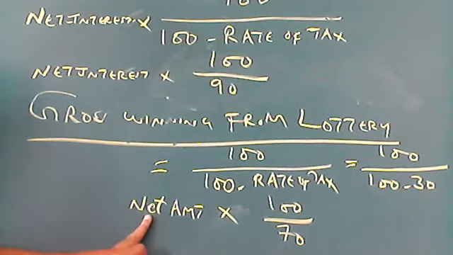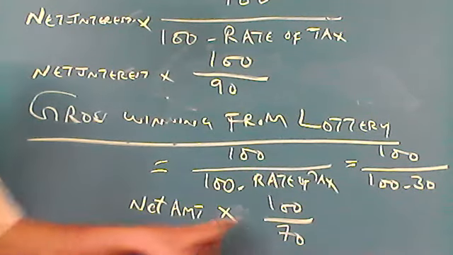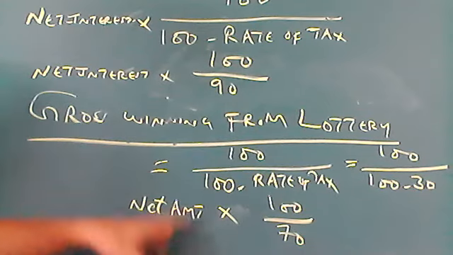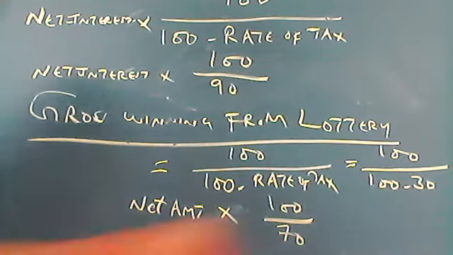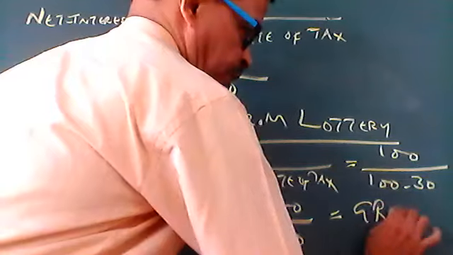So if you get any amount from the lottery agency, take the net amount, multiply it by 100 by 70, and you will get the gross value.